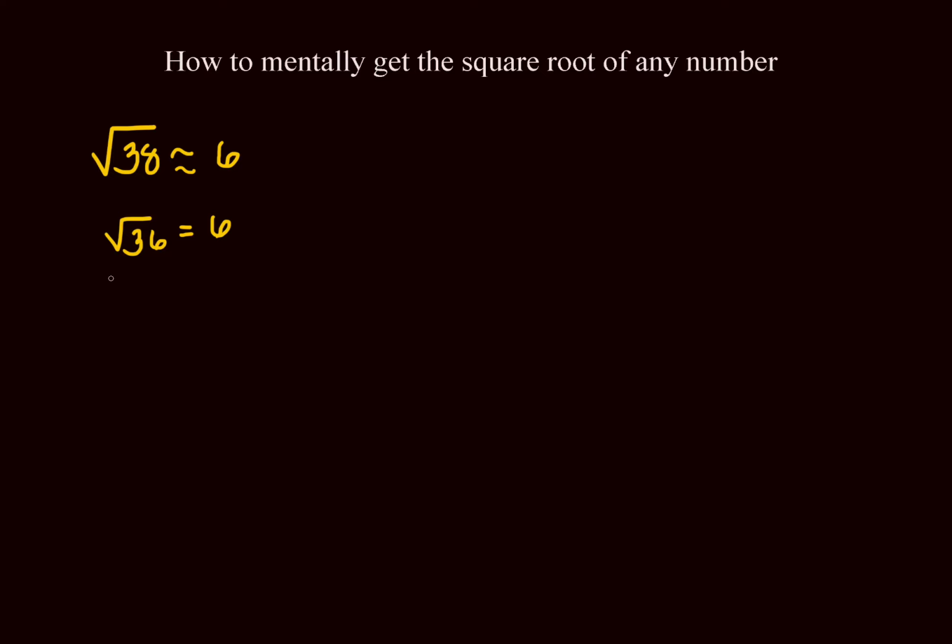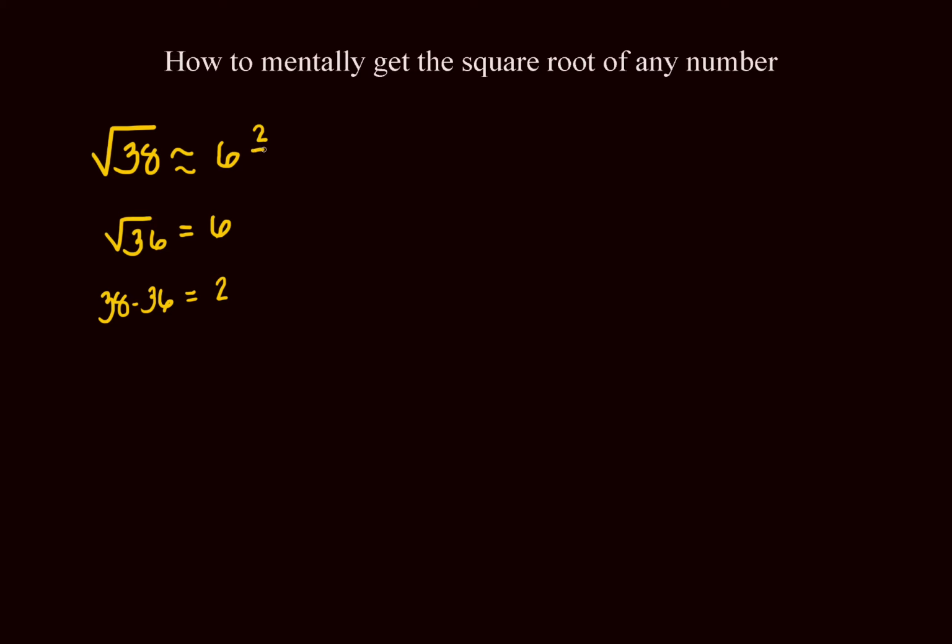Let's continue. Our next step is we're going to get the difference between 38 and 36. And the answer to that will just give us an answer of 2. So we're going to place 2 right after 6 and just a little bit above and smaller than 6.